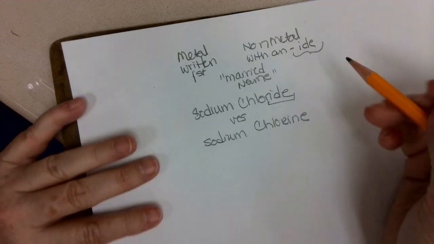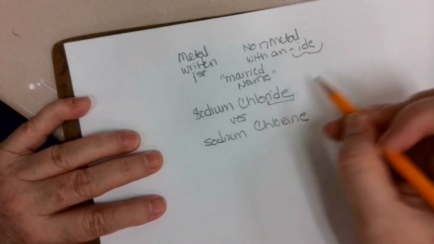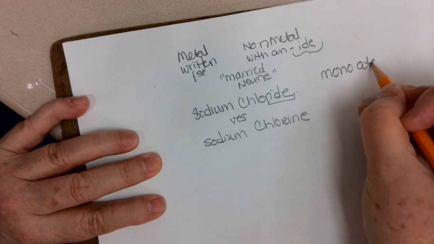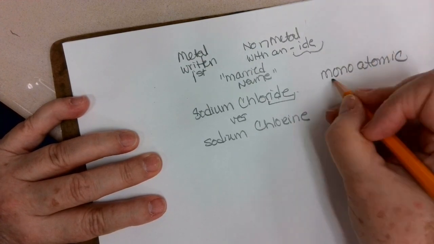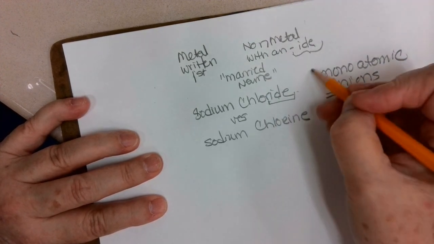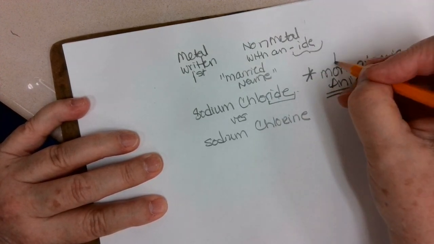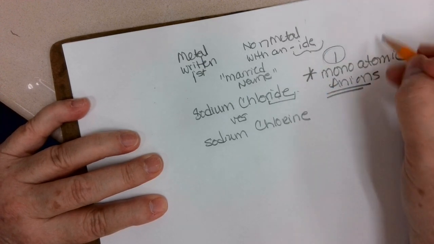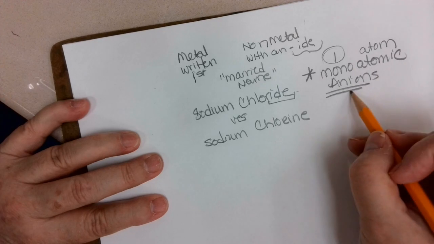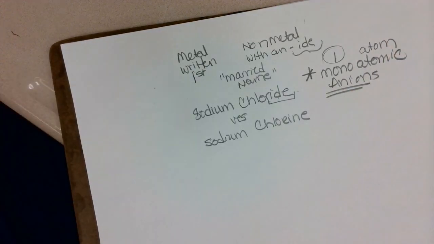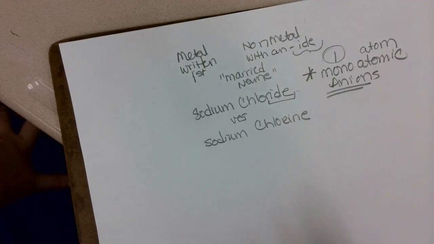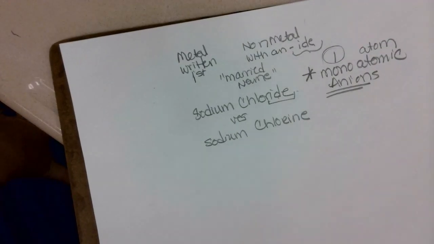And it's important to understand this IDE ending is for what we call monoatomic anions. This is very important to remember. Mono means one, atomic means atom. And since we're talking anions, we know this is charge. The reason I bring that up is because we're going to get into polyatomics in the next video.